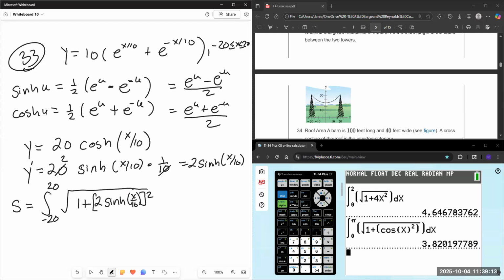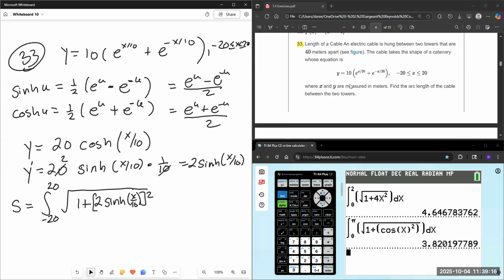Oh, I wrote over 10. This is over 20. This is 10, this is 20. Yeah, those were supposed to go away. Over 20, and this is over 20. There we go. That looks better to me. I'm not supposed to have any constant multiplier left inside of there. So this is 20, and this goes away completely. All right. Looking much better.